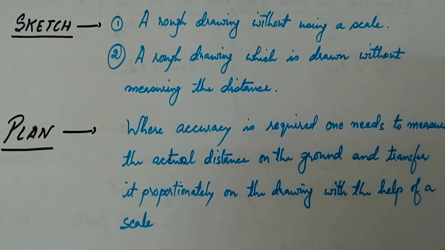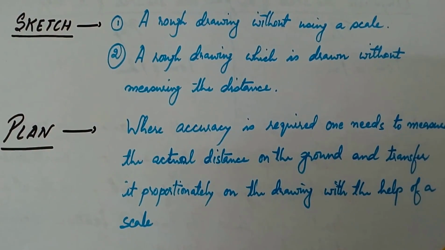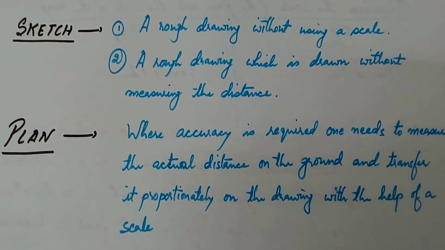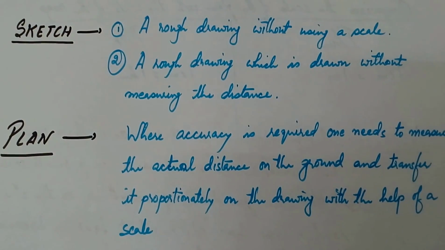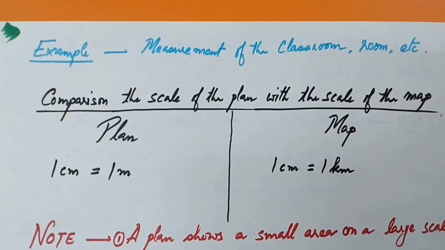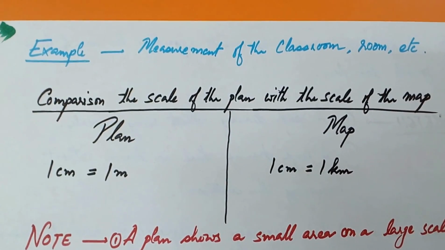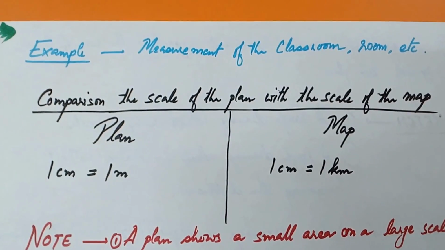That is, if we have to measure the room with accuracy, we will use a plan. For example, with the help of the plan, we can measure the classroom, room, etc. with accuracy.